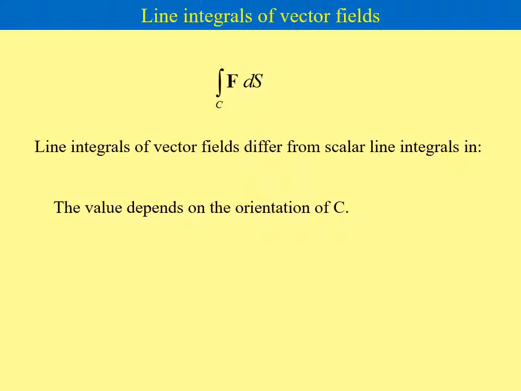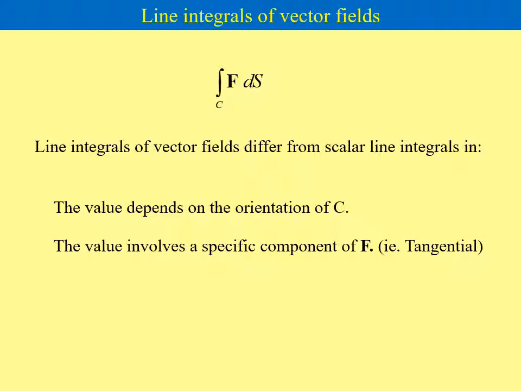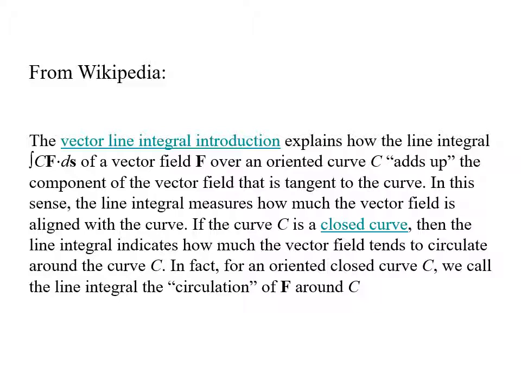First is that the answer depends on the orientation of the curve in relation to the vector field, and we're specifically talking about the component that is tangential to the curve. From the definition of vector line integrals, you can see that we're adding up the tangent components in the vector field.